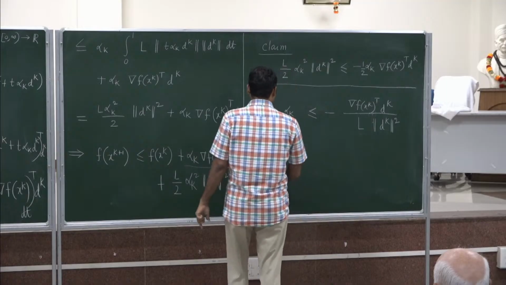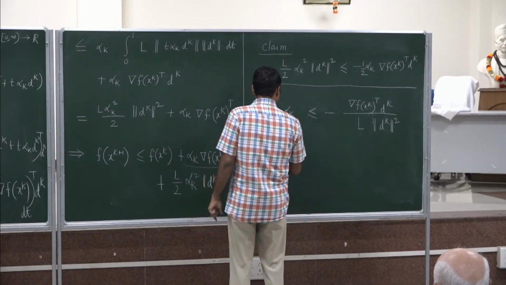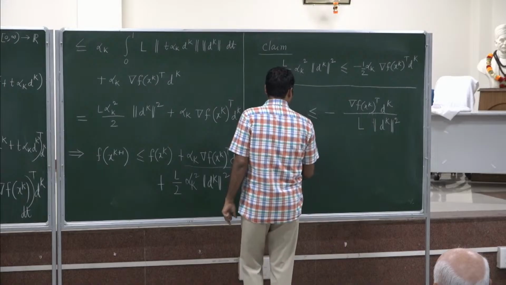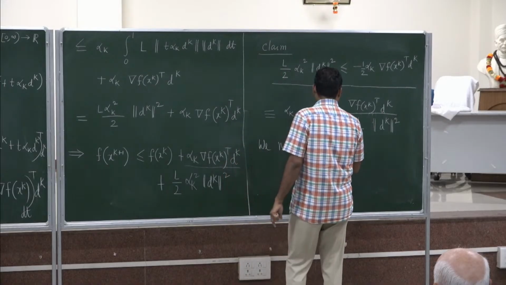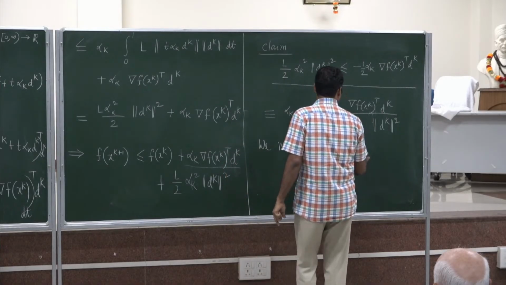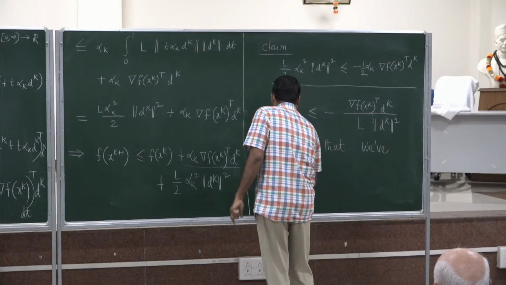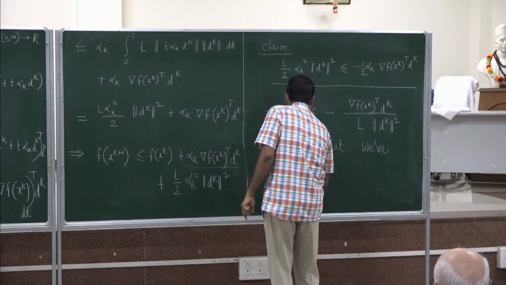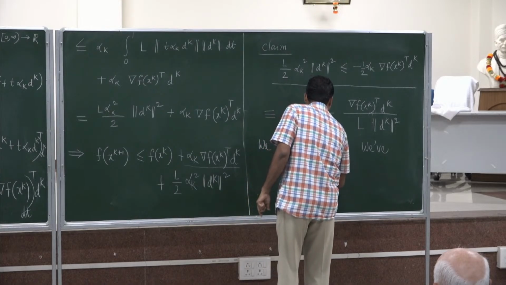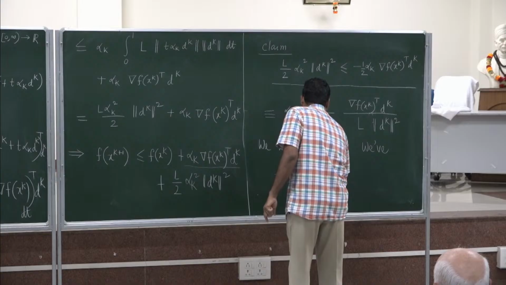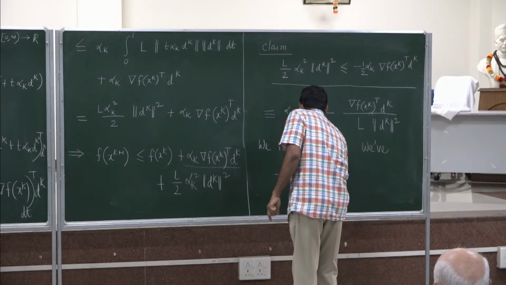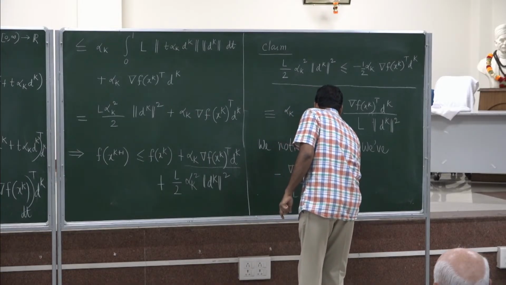And to prove our claim, we notice that we have negative gradient transpose dk divided by L norm of dk square.